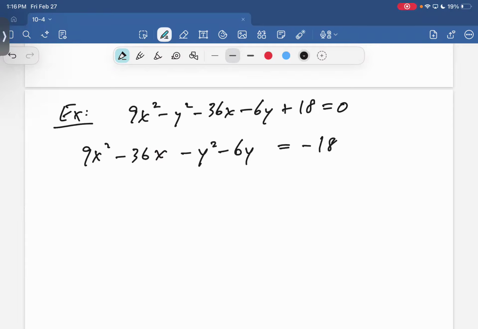Then I'm going to factor and then complete the square within the parentheses. So I'll factor out a 9 from the x squareds. So that's x squared minus 4x. What should I add here? 4. I'm going to add 4 divided by 2, which is 2, and then 2 squared, which is 4. But then here, it's a little tricky because I have a minus sign.